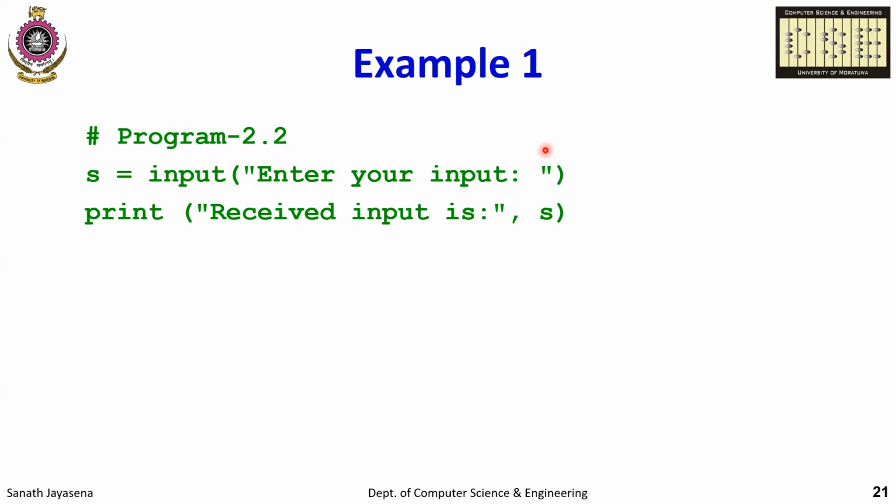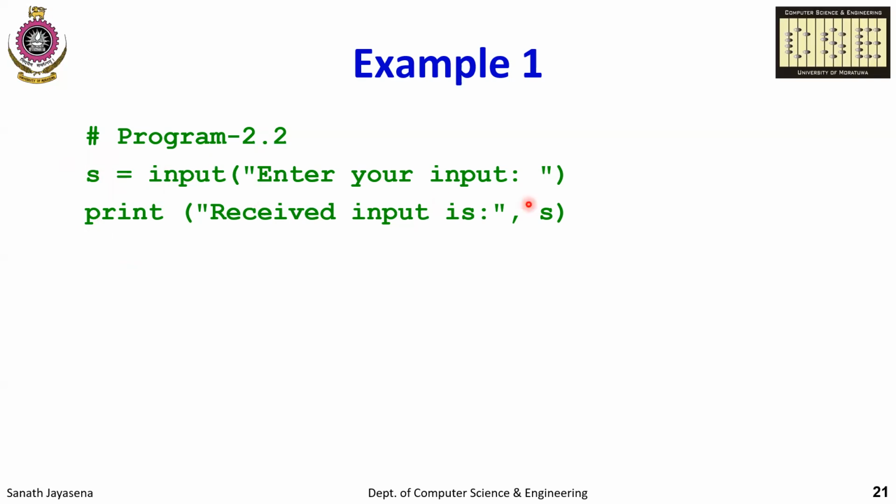Then whatever is input will be read by the input function, and the new line character will be removed, and the remainder would be returned by input as a string. And this S basically will have access to that. So we have that string object stored somewhere in memory, and with this S variable, we will be able to refer to it.